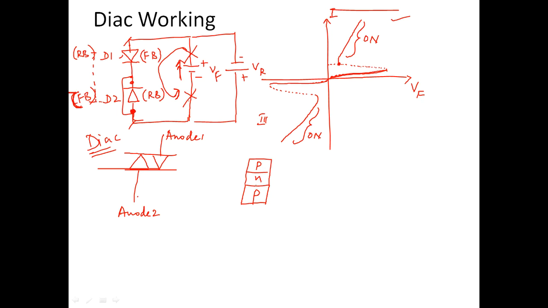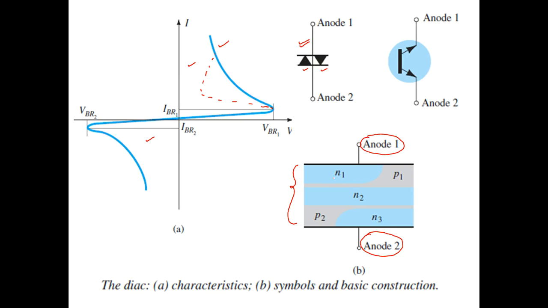So you can use this particular structure as a diac, or you can improvise an SCR itself and convert it to a diac. In your textbook, they have converted the structure of an SCR to a diac. So we'll go through that particular structure here, which is shown here.